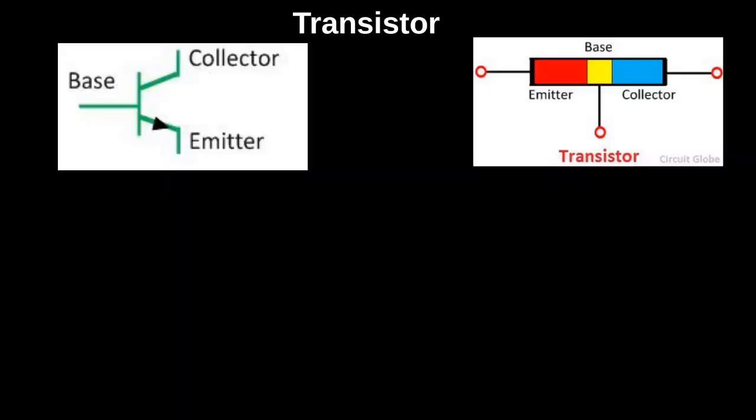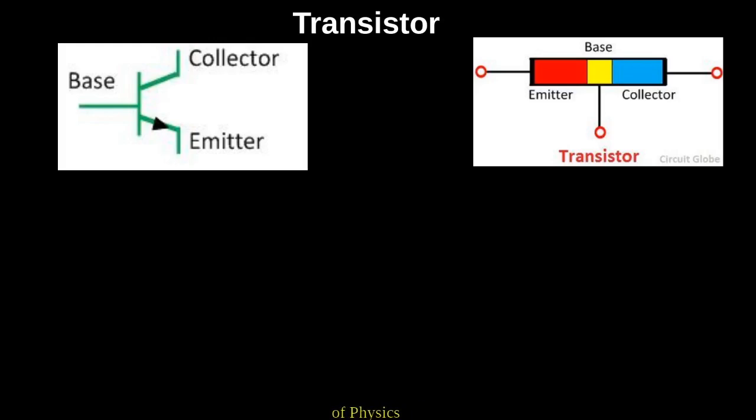What is the transistor? These are the symbols of the transistor. The transistor is a semiconductor device which transfers a weak signal from low resistance circuit to high resistance circuit.